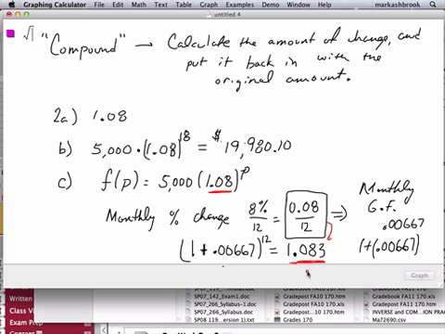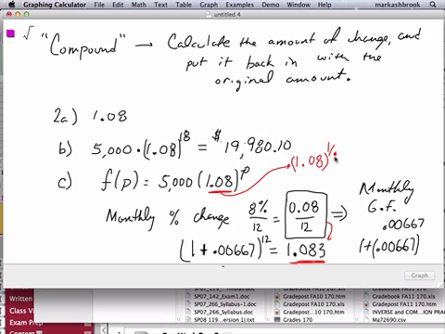Instead of doing what we did before, which is always the case, with 8% annual growth, if it's truly doing it this way, what is the monthly growth factor? It's 1.08 to the 1/12.